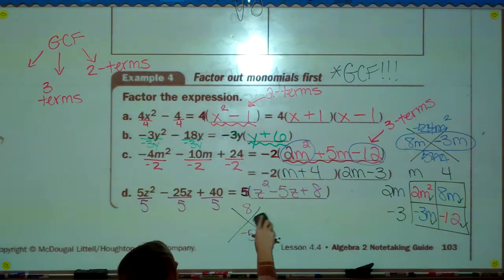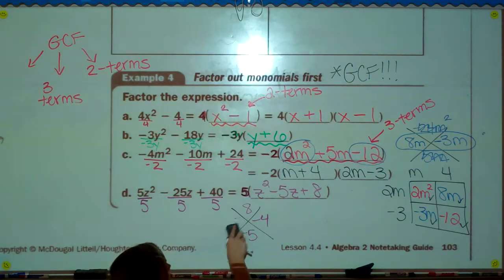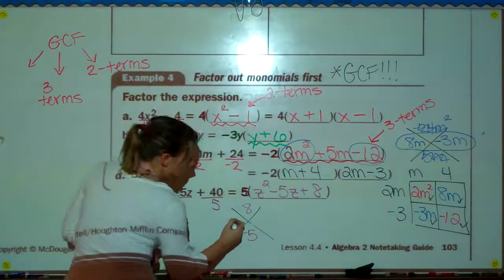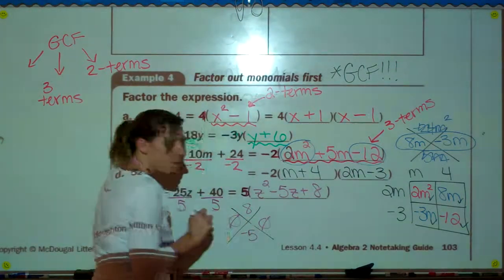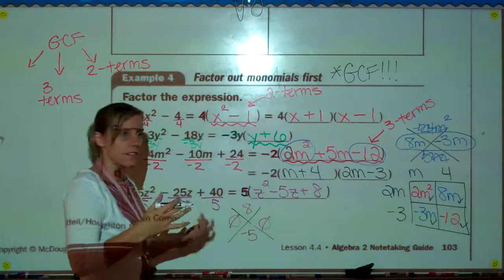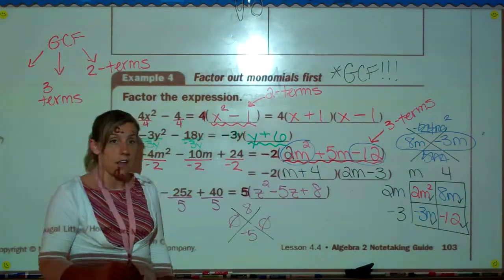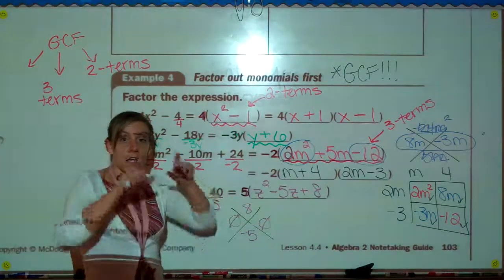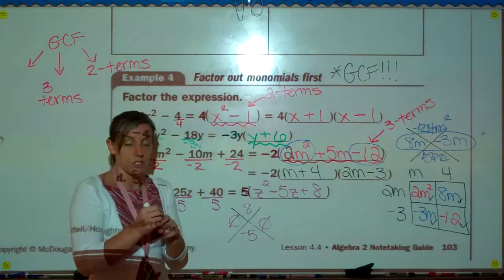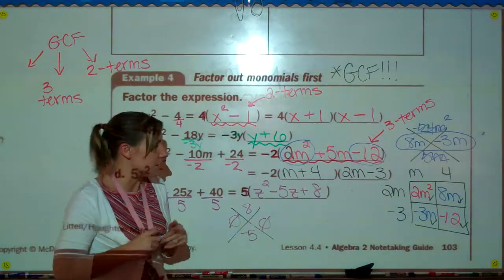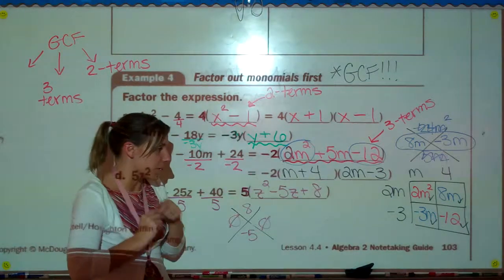And the only other pair is negative 2 and negative 4, but those don't add to negative 5. So since there's no pair, remember, that means no solution, that means it doesn't exist. So this is where we stop. That's as far as it'll factor. You can't break it down anymore. So you keep trying until it stops and you can't do anything more.